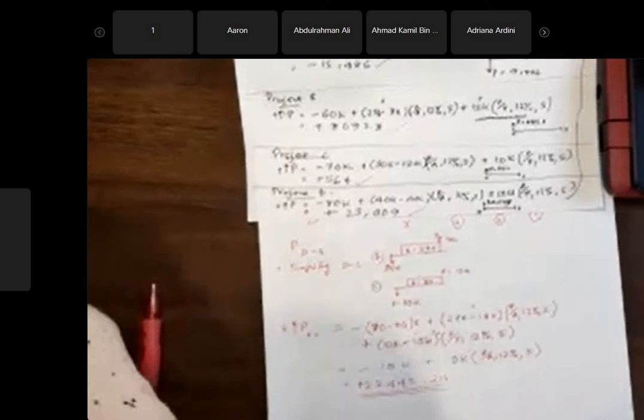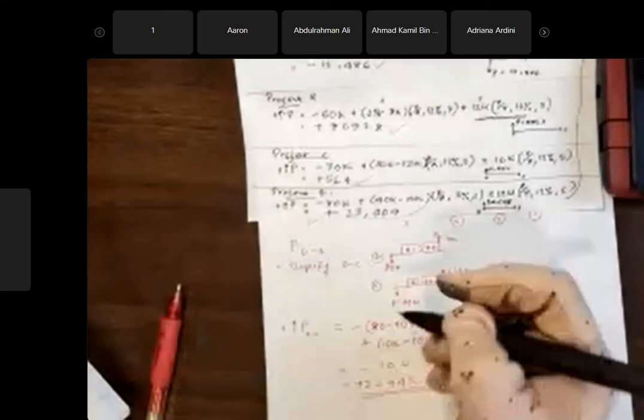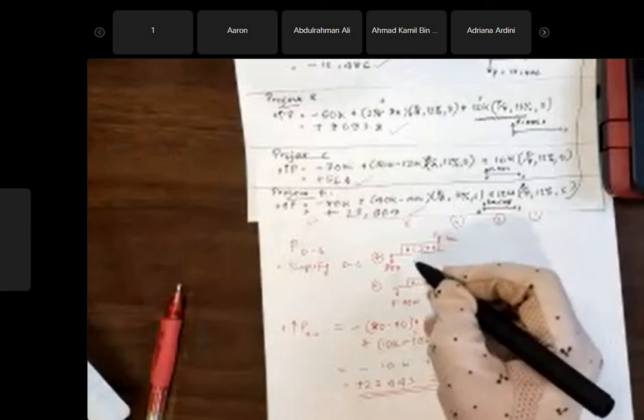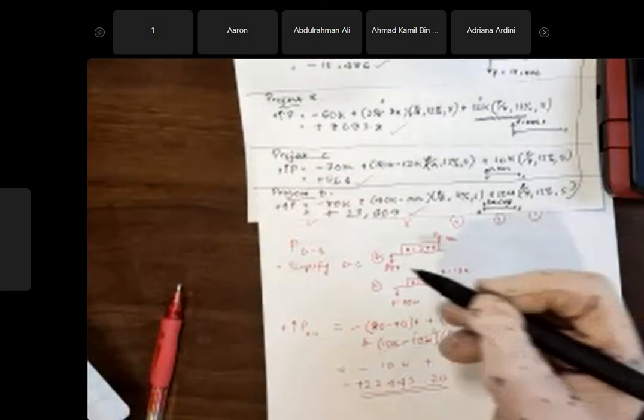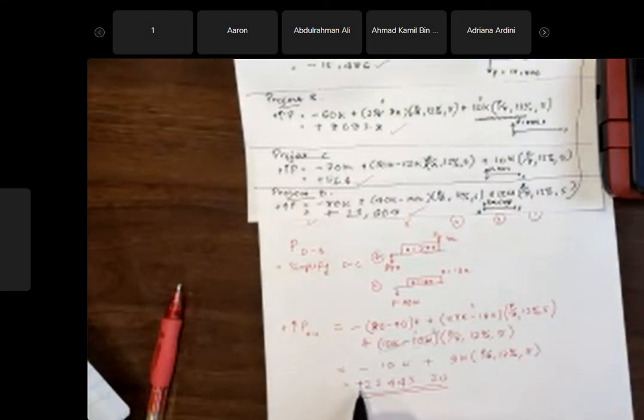Actually, of course, the bigger one. D minus C, that means D is the winner. D wins, so that's why the answer is positive.